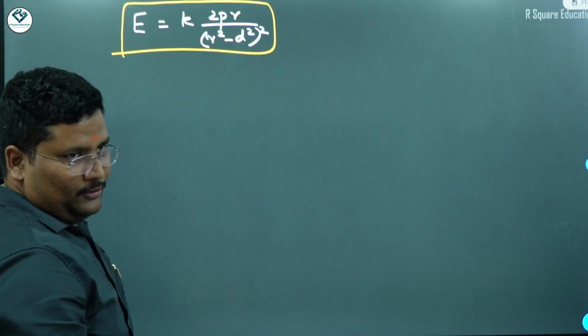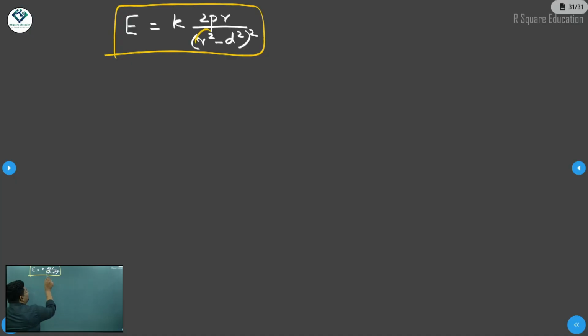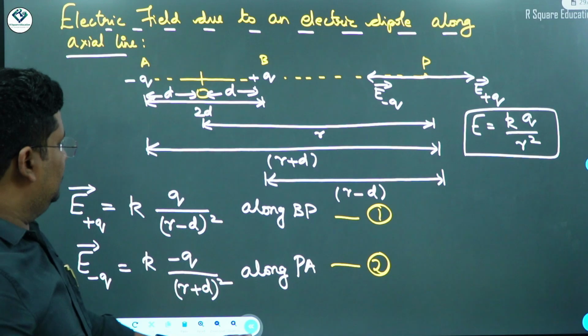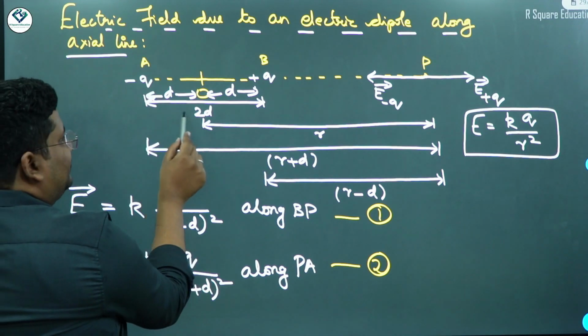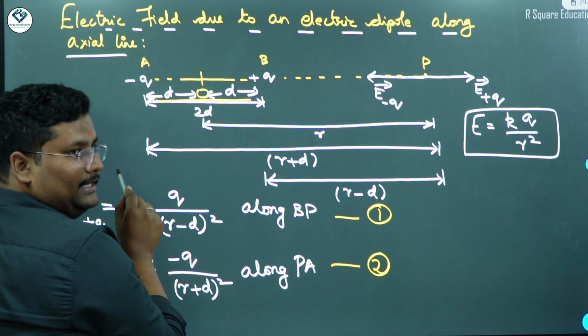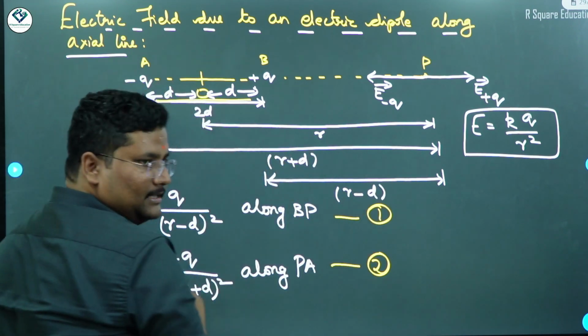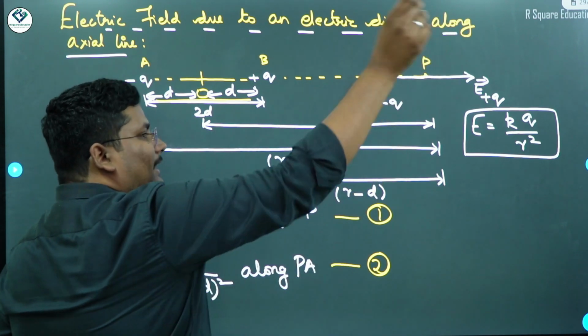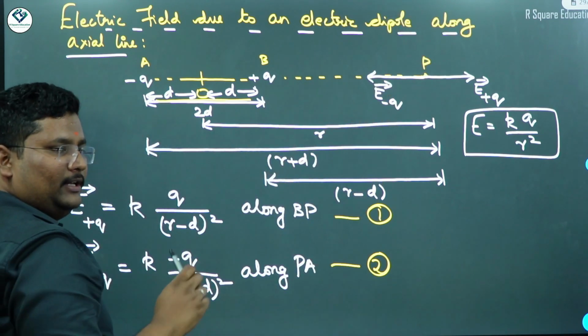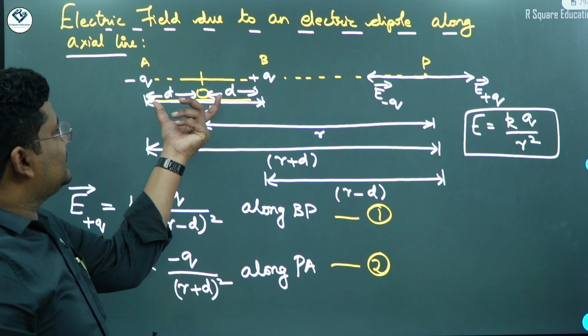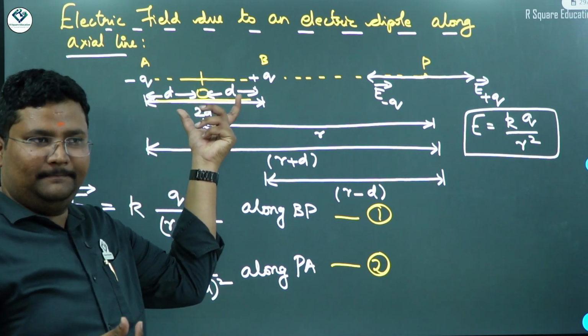Now suppose this distance is very much greater than the dipole distance. What I mean is, we saw this part, right? So if R is very far away, this distance of separation will be negligible.